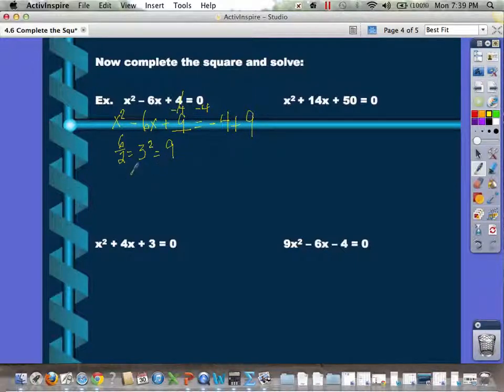Okay? When you factor this, you're going to end up with x minus 3. So whatever you divide by is going in the parentheses. 6 divided by 2 will go right there.